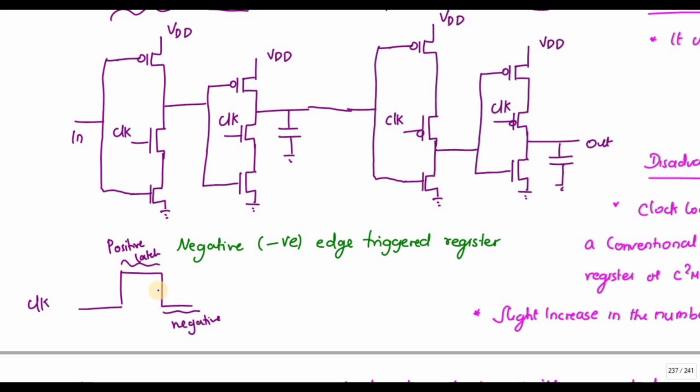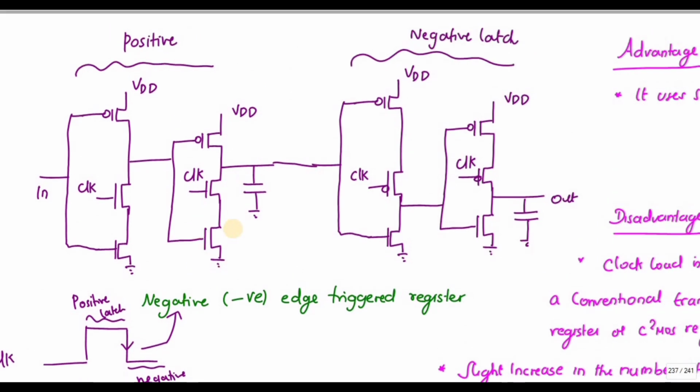So during the negative edge of the clock, this is called a negative edge trigger register. During this time, the input will reach the output. That is why it is called a negative edge trigger register. So it can be constructed by cascading the positive latch with the negative latch.